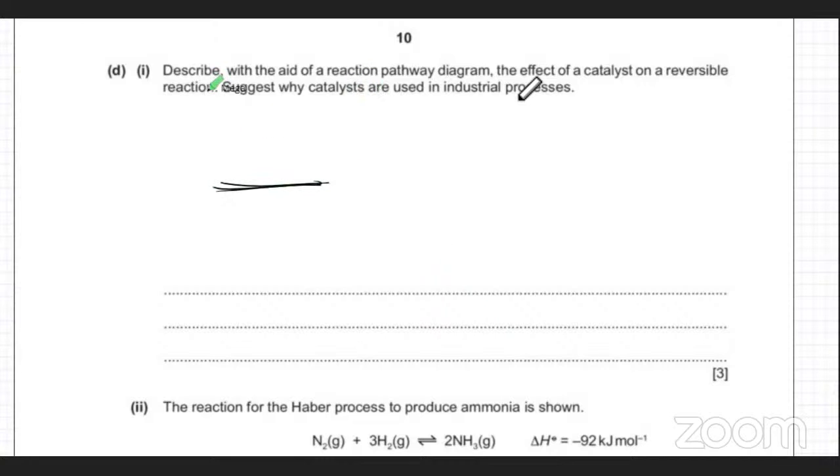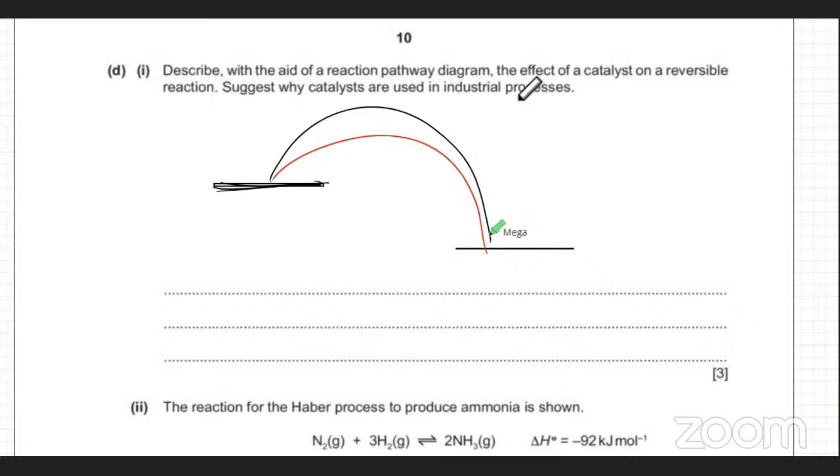So it's going to be reactants and products, and after adding a catalyst, it's going to look like this. The activation energy was higher first, but after adding the catalyst, the activation energy decreases. And you're going to explain that you get more effective collisions once a catalyst is added. Is this clear?